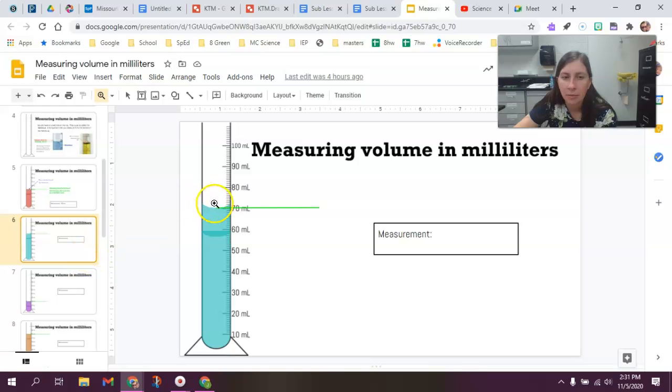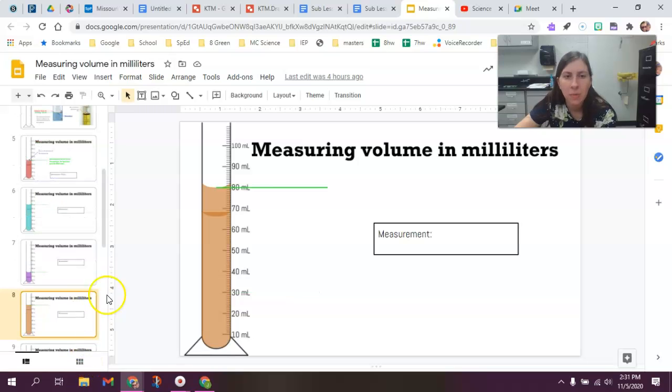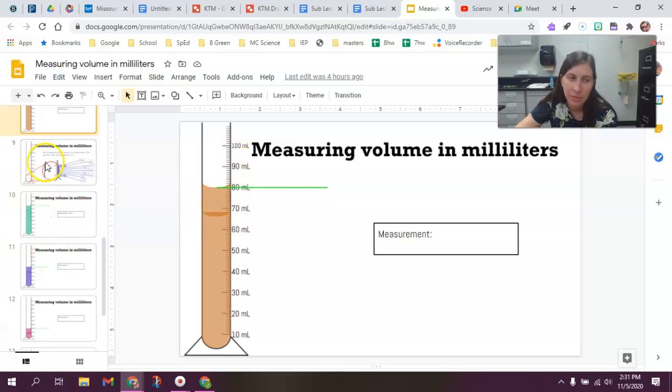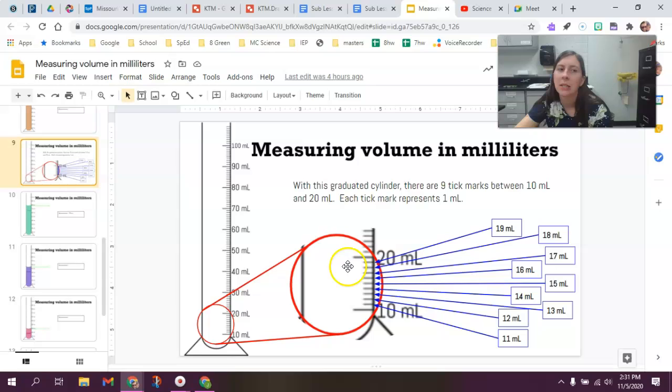Your first several slides that you have to find the volume are right at a bigger tick mark, a numbered tick mark. However, on slide 9, you'll notice we've got this very overwhelming diagram. I mentioned earlier that we have to figure out what the different tick marks represent because not all of them are labeled.